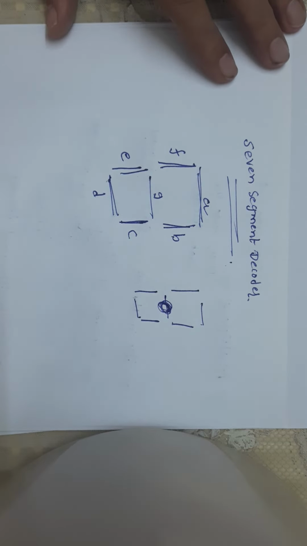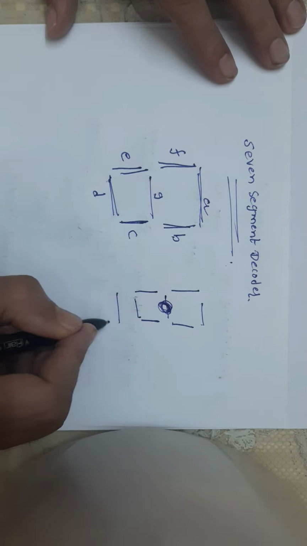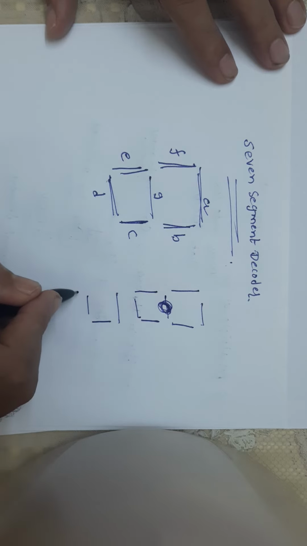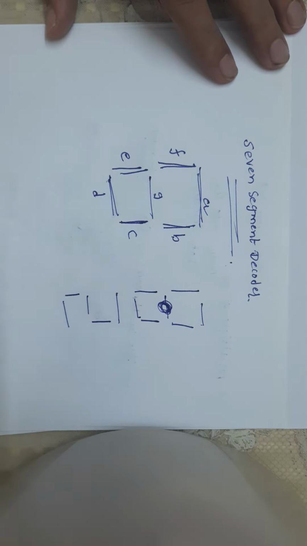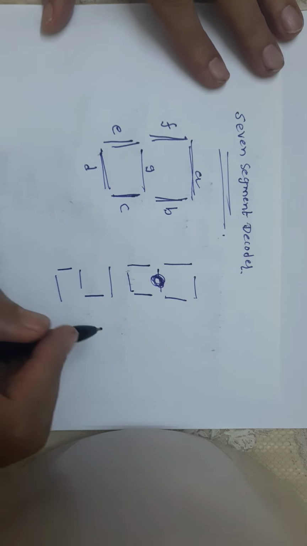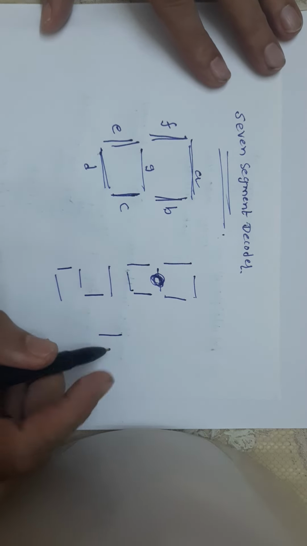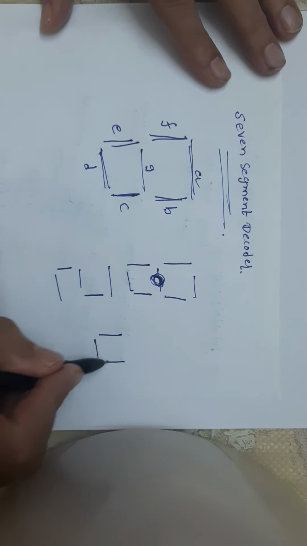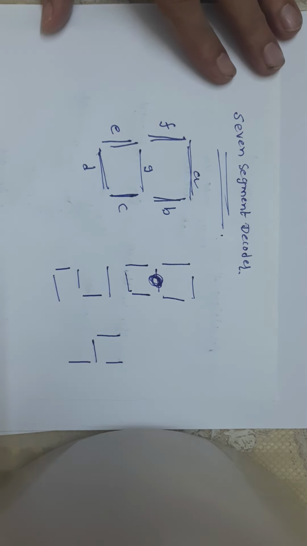If we consider 2, then only these LEDs are on and all the other indicators are off. If we consider 4, then only these indicators are switched on and all the others are off.